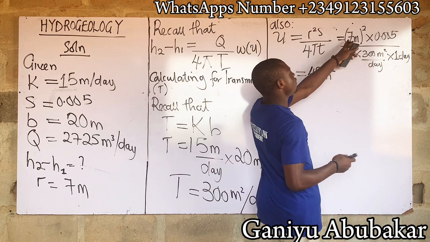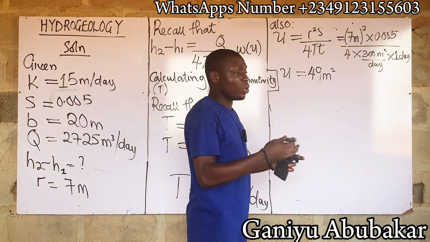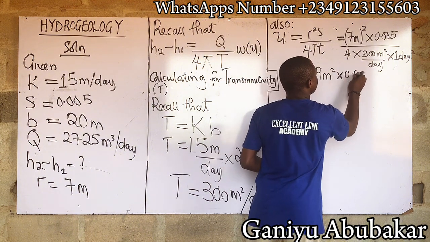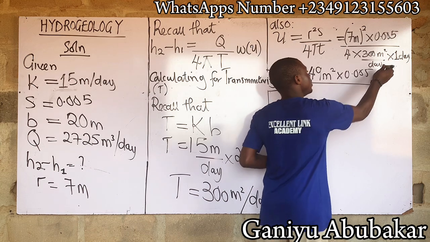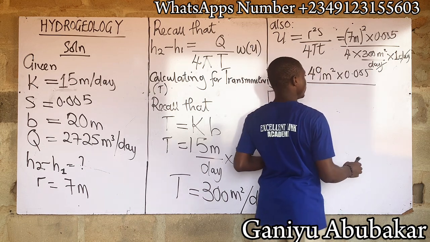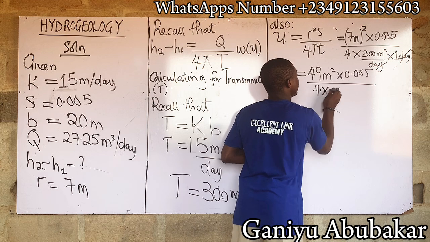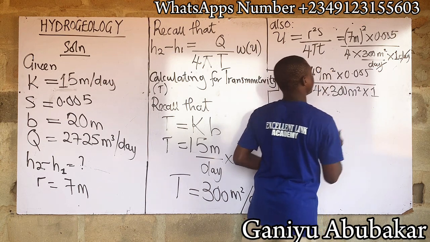By the way, 7 meters times 7 meters, that's 7 times 7 is 49, meter times meter is meter squared. So I have 49 meter squared times 0.005 all over, listen up please, this day we cancel this day. So I'll have 4 times 300 times 1, that becomes 4 times 300 meter squared times 1.